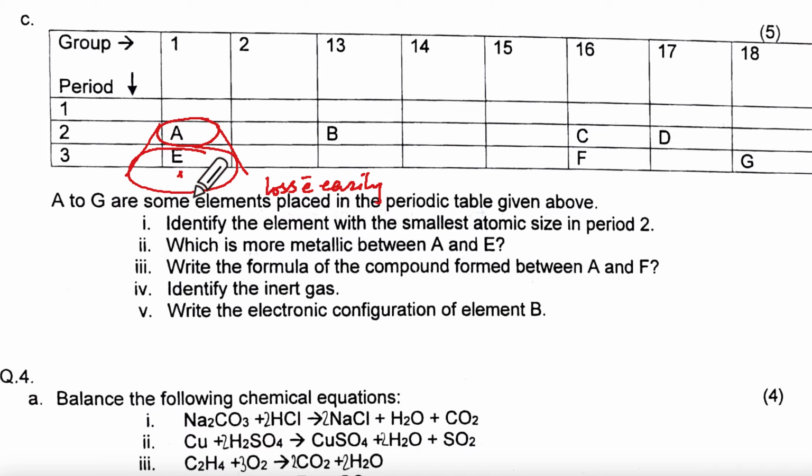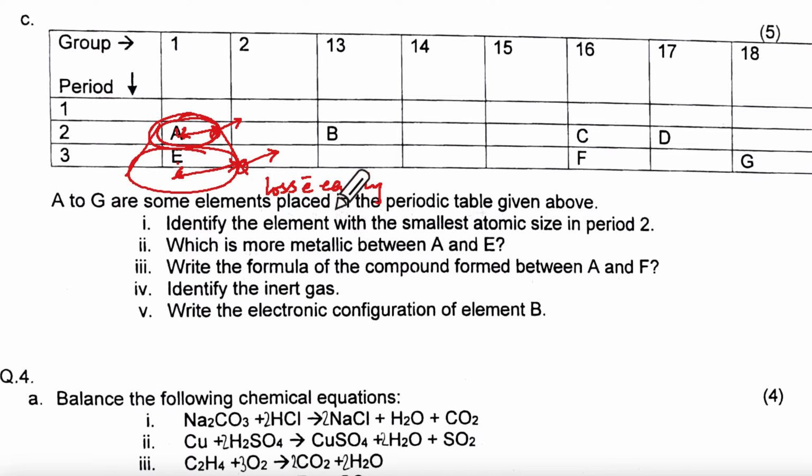When will it be tightly bound? If the atomic size is small, the distance between the nucleus and the outermost electron is less, so tightly bound. This size is more, so loosely bound. So this electron will be lost more easily than this one. Understanding? Yes, ma'am. So which one will become cation faster, A or E? E. So that will become more metallic.